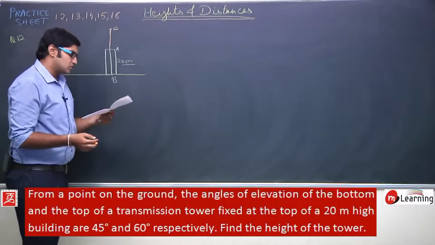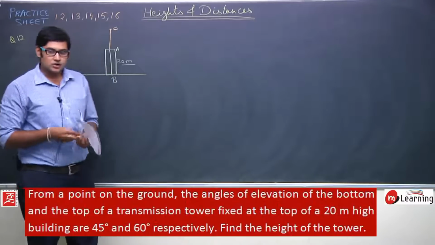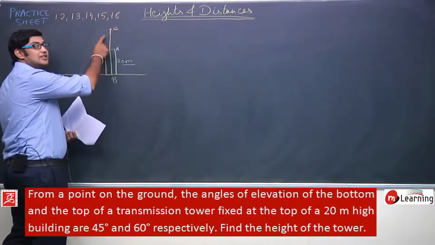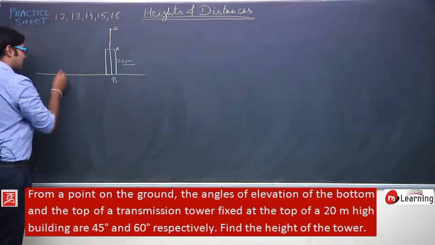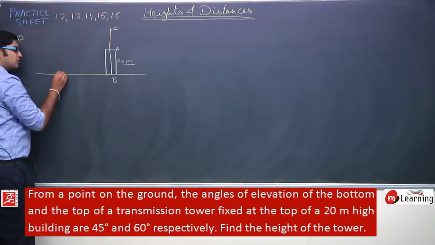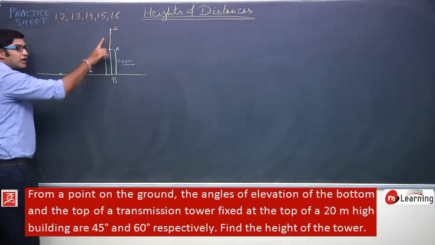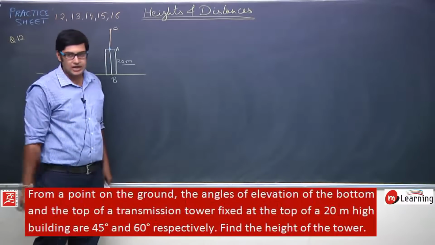So fixed at the top of the 20-meter high building. It says the angle of elevation of the bottom and the top of this transmission tower from the ground level. If I am standing here and I want to observe this point A, which is the bottom of the transmission tower, it is the top of the building as well as the bottom of the transmission tower.